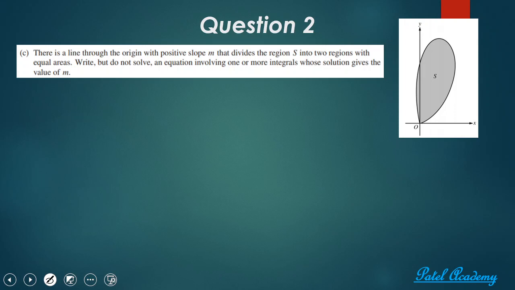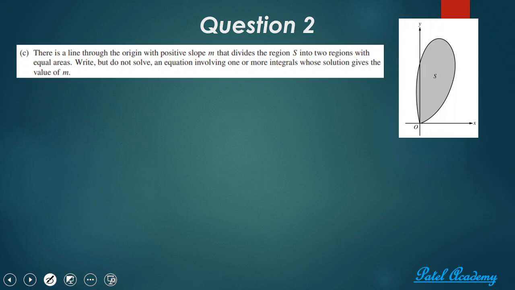While that isn't necessarily a surefire way to check whether your answer is correct, if you have one very simple integral and they're not asking you to solve it, it's very suspicious compared to if you had two integrals or one complex integral, where it would make sense that you wouldn't solve it. And then it says the solution gives the value of m, not necessarily a direct rearrangement to solve for m, so you can just give that first line once again.